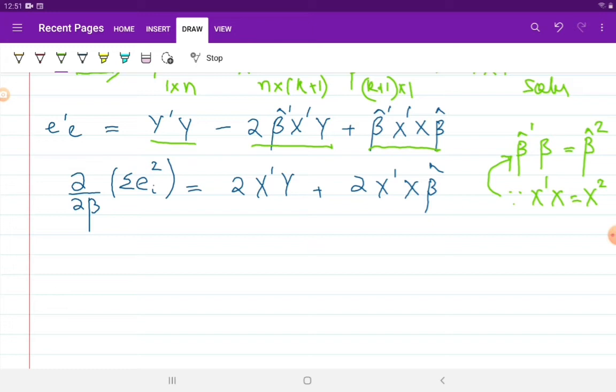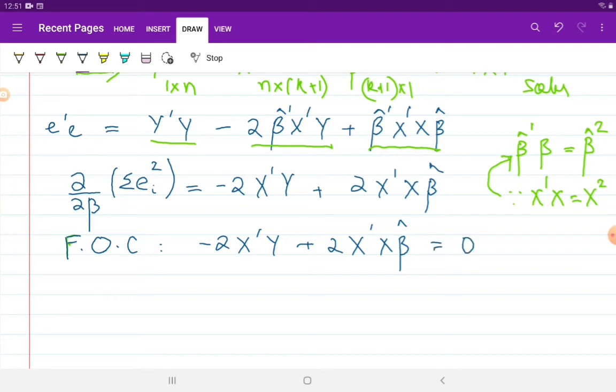So just like x square becomes 2x, beta hat square has become 2 times x transpose x times beta hat. Now, if you remember, when you're trying to find the maxima or minima, your first order condition is to set the first derivative equal to 0. So you put minus 2 times x transpose y plus 2 times x transpose x beta hat equal to 0.